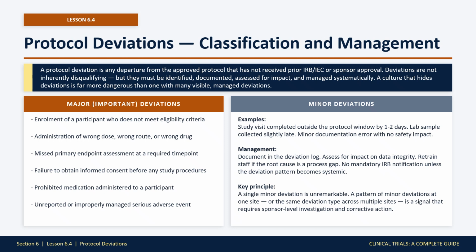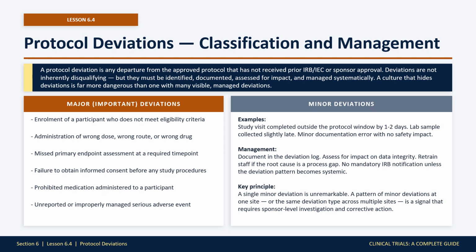Major deviations, sometimes called important protocol deviations, are those that could directly affect participant safety or the integrity of the study's primary conclusions. The examples on the left column of the slide illustrate the most serious categories: enrolling a participant who does not meet eligibility criteria, administering the wrong dose or wrong drug, missing a primary endpoint assessment, conducting any study procedure before informed consent was obtained, administering a prohibited medication, or failing to report a serious adverse event.